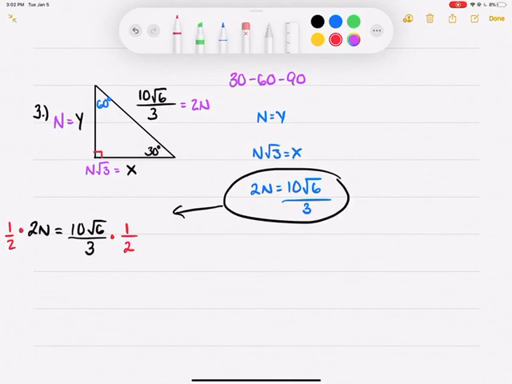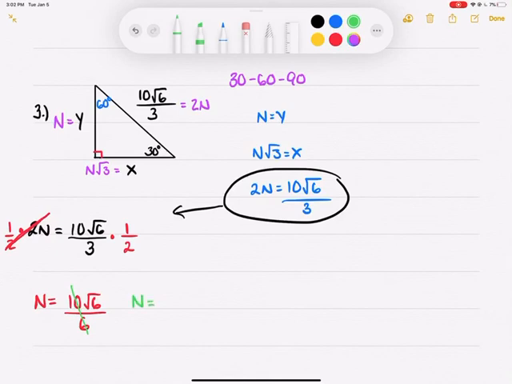So either way, the 2 on this side will cancel, and I have n equals, we multiply straight across, so 10 square roots of 6 times 1 is 10 square roots of 6. In the denominator, 3 times 2 is 6. The only way to reduce this is to realize that 10 over 6, those are both even numbers, so it can be reduced.